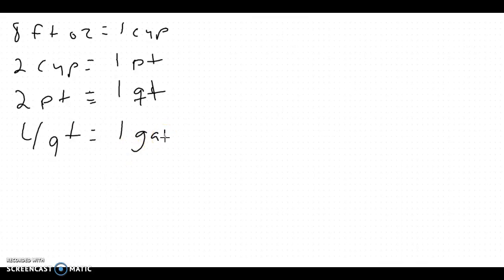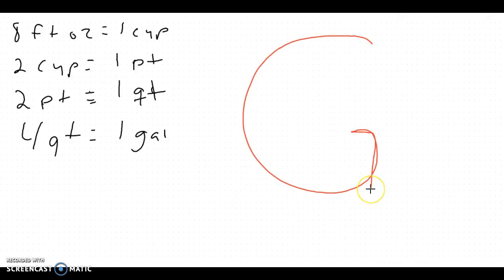Now, some of you might have seen some fun ways to remember this. So that's what we're going to look at first. We're going to look at our gallon, and we're kind of going to work at this backwards. So here's our 1 gallon, and we said that there were 4 quarts. So I'm going to draw 4 Q's.